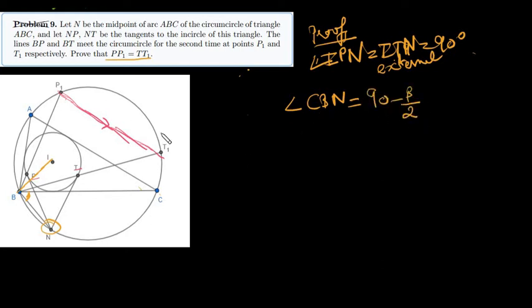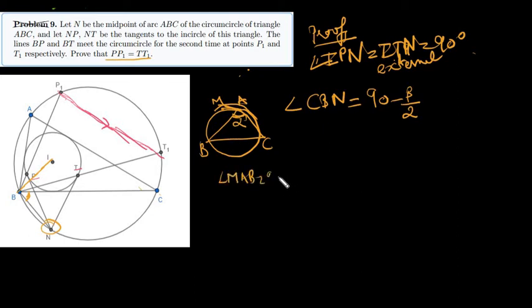So remember this fact: if you have an exterior angle bisector and it cuts the circle at the point M somewhere here, then angle MAB will always be 90 minus alpha over 2, if this angle is alpha. And this is simple because it's the exterior angle bisector, so this angle is equal to this angle.